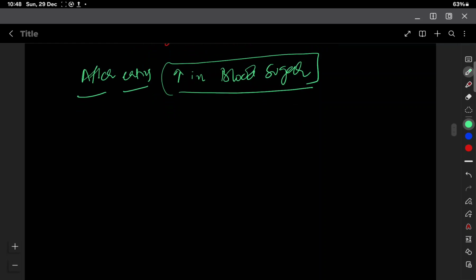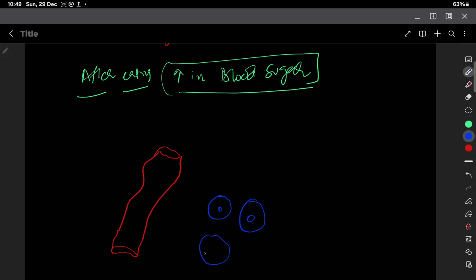I will try to explain this in detail. For example, this is a blood vessel, and here there are the cells. This is a cell, this is also a cell, and this is a cell.